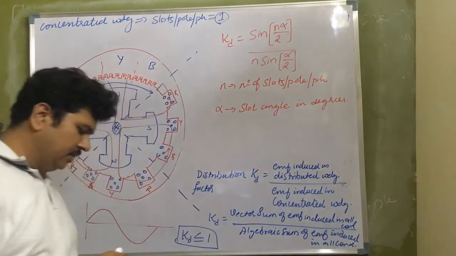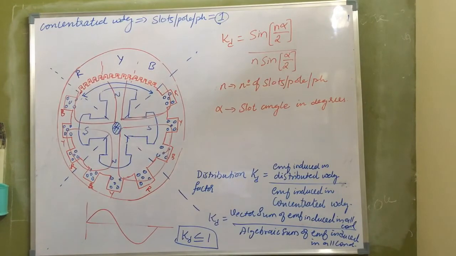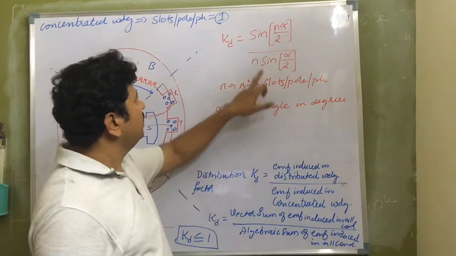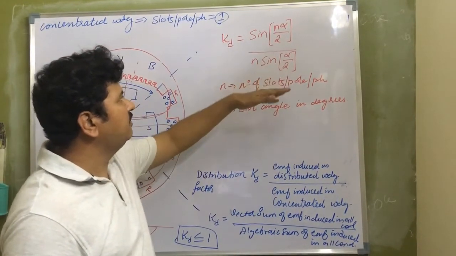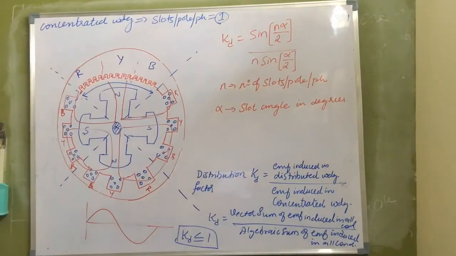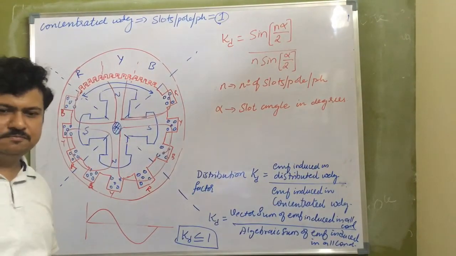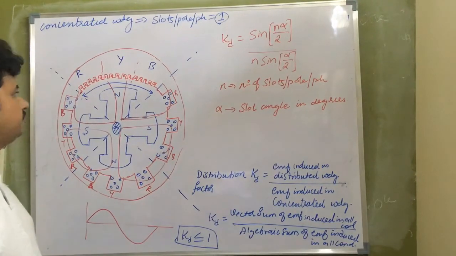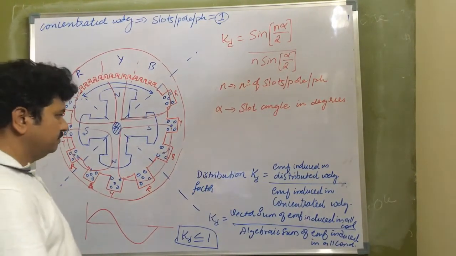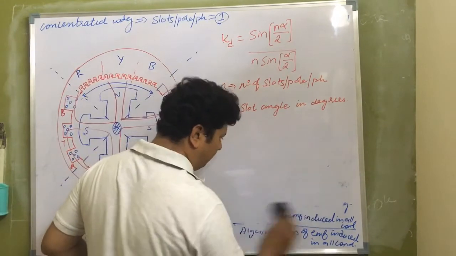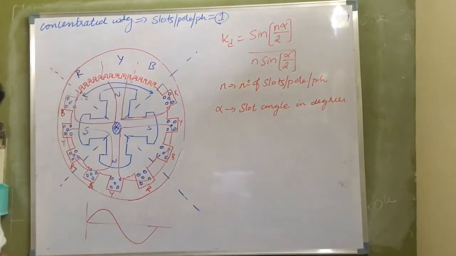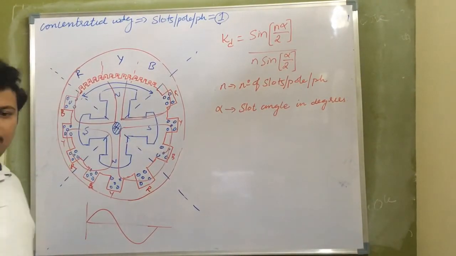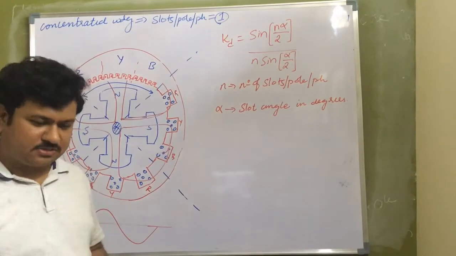Now put the number of slots per pole per phase equal to 1, and it becomes concentrated winding. If n is 1, sine alpha by 2 divided by sine alpha by 2 is 1. So KD will automatically be 1. Then what is slot angle? Slot angle is the angle subtended at the center, or at the shaft, by the slots.